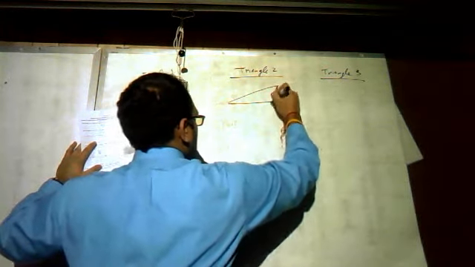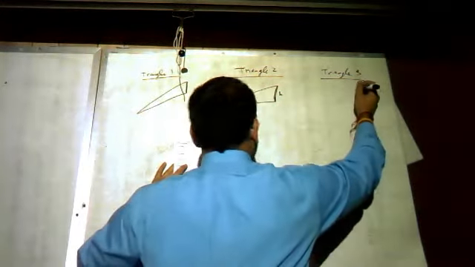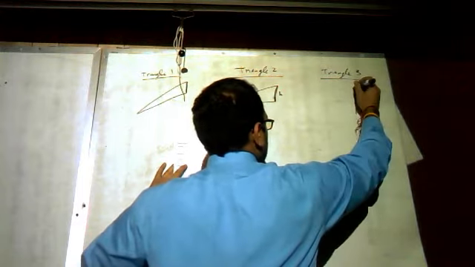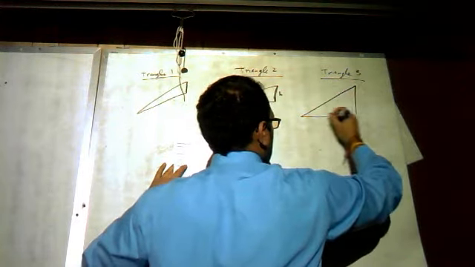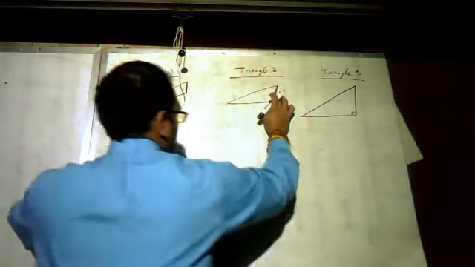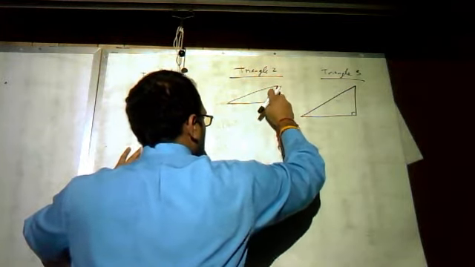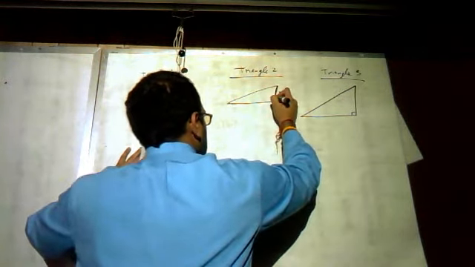We're looking for the height of the building, and this is the height of the building in triangle number 2. And then the overall triangle is the biggest triangle. Another piece of information that you need is that the building is 90 degrees with the ground.